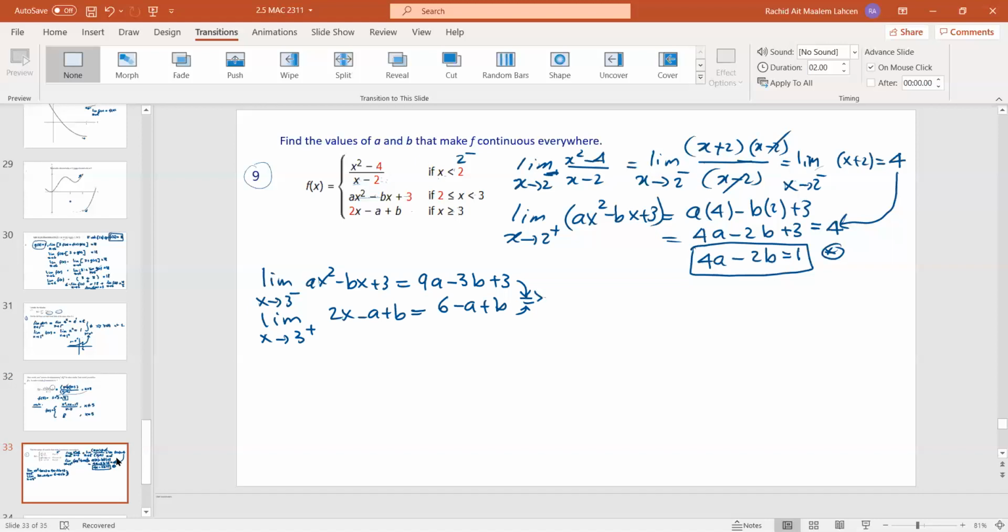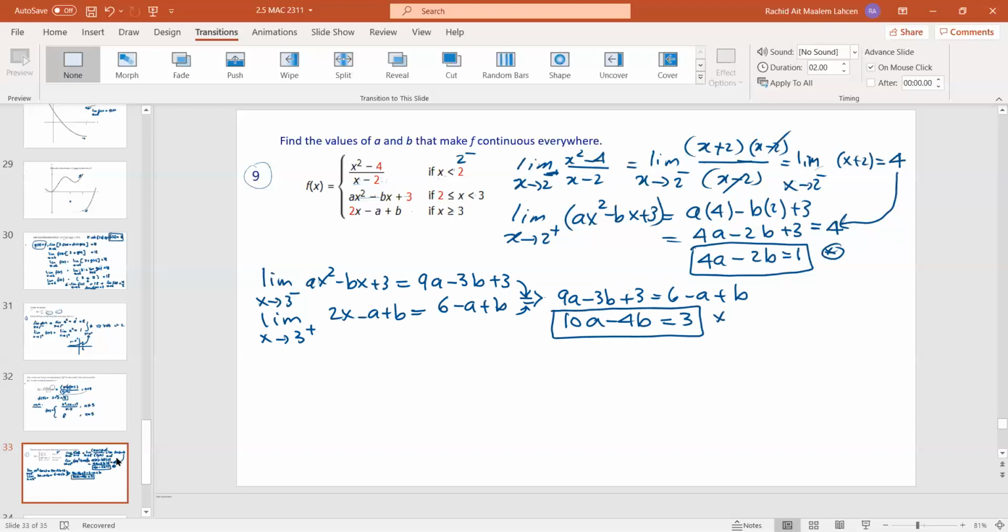So 9a minus 3b plus 3 equals 6 minus a plus b. So 9a, if we add a, we get 10a. Negative 3b, and you subtract b from both sides, negative 4b. And 6 minus 3 will be 3.